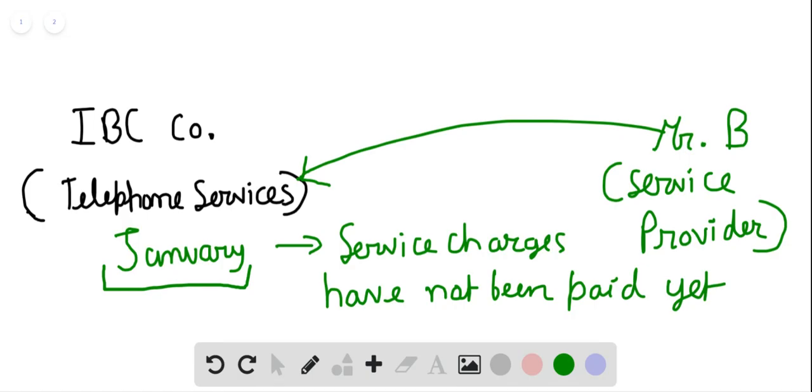Now, in order to account for such expenses, let's suppose the billing of January month was around $500.